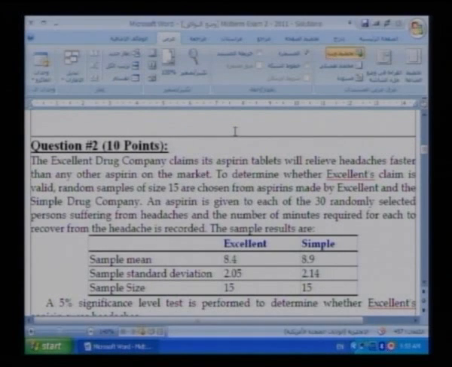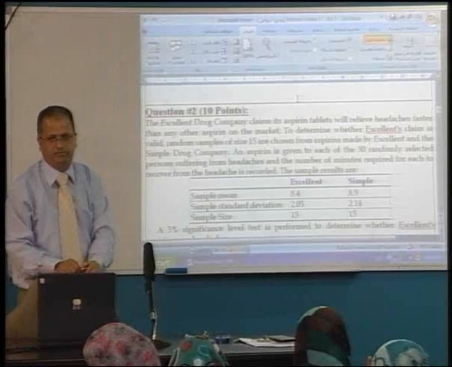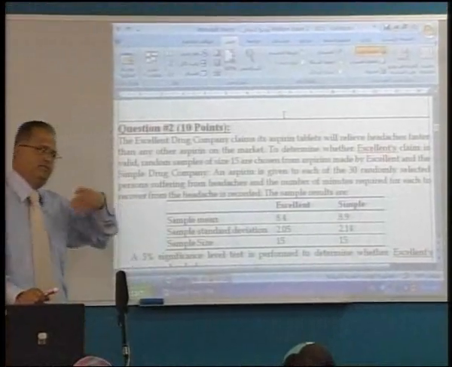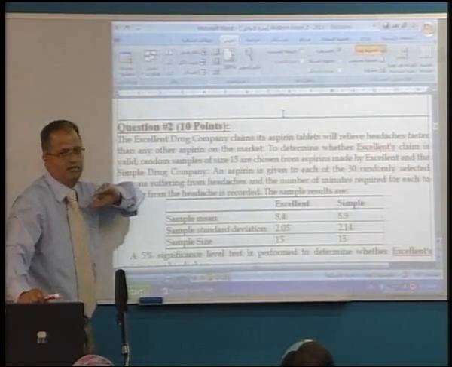Question number 2. The Excellent drug company claims its aspirin tablets will relieve headaches faster than any other aspirin on the market. So they believe that their drug is better than the other drug in the market.